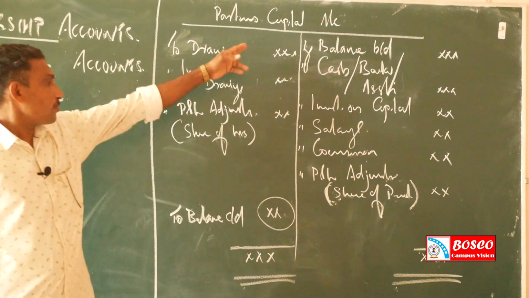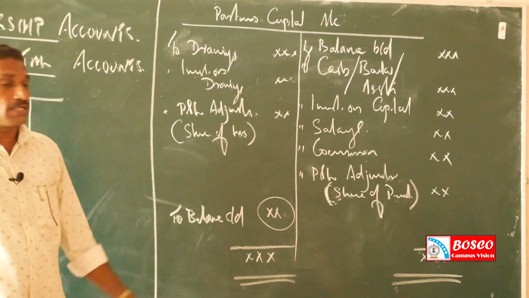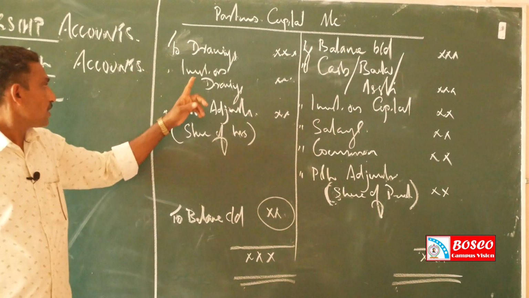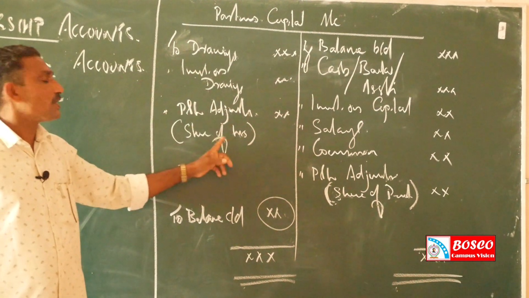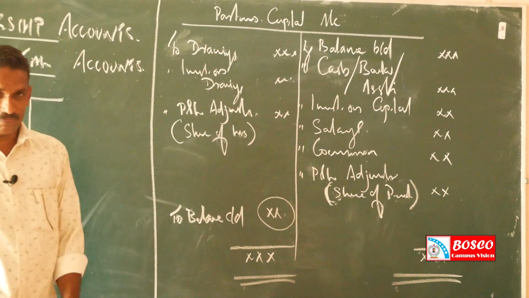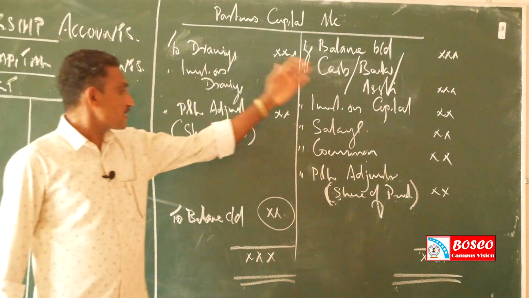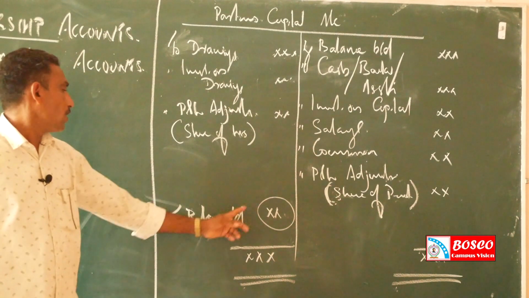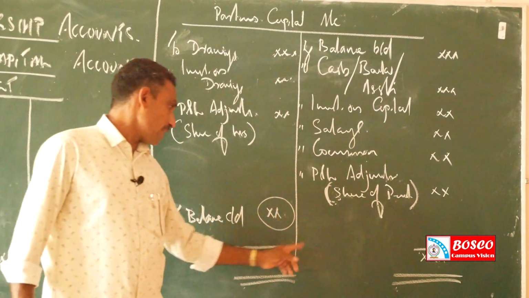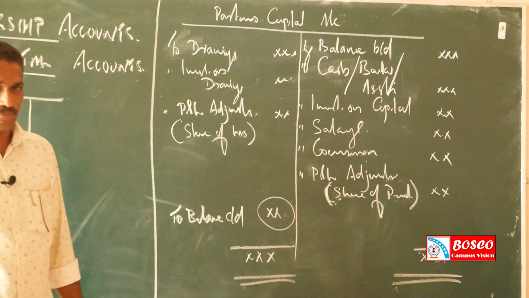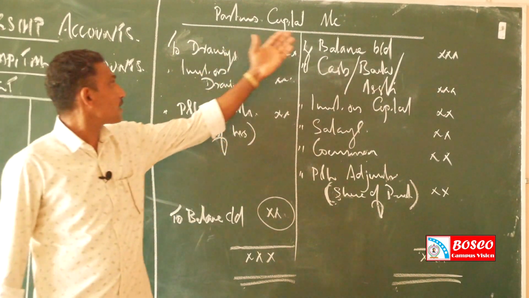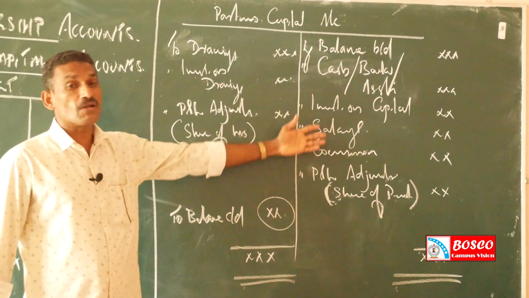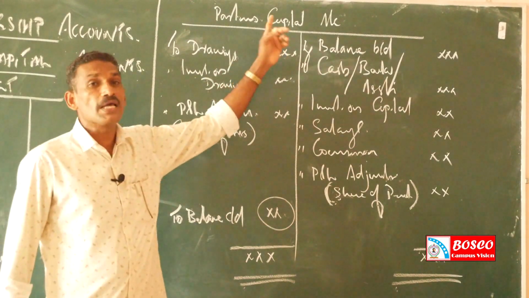Then it should be debited with some items like drawings, interest on drawings, then share of loss if any. After all these adjustments are made on the capital, we will balance it. We will get either a credit balance or a debit balance. So this is the usual format of a partner's capital account.